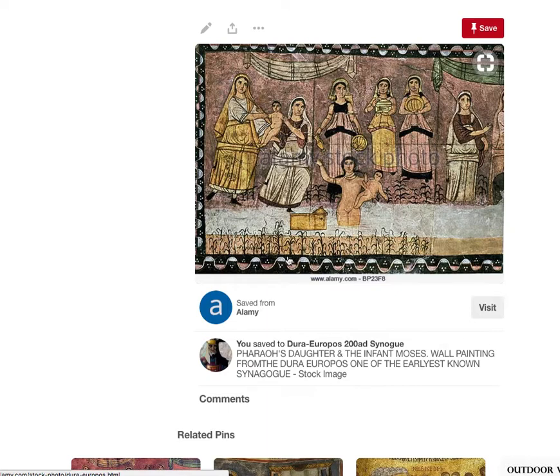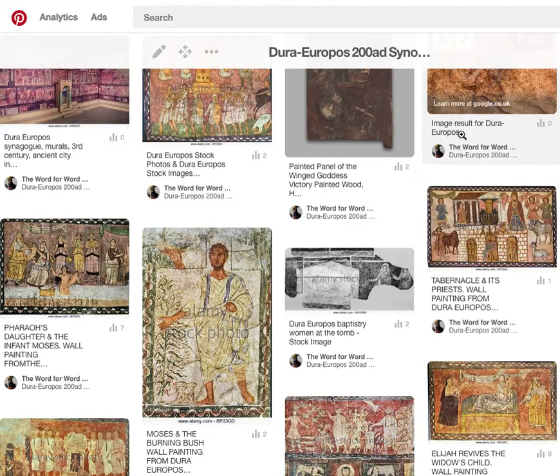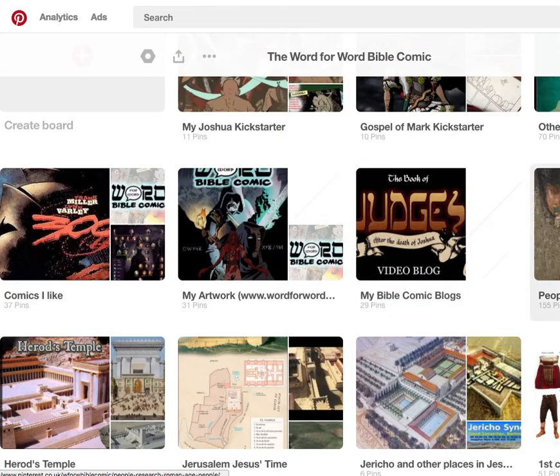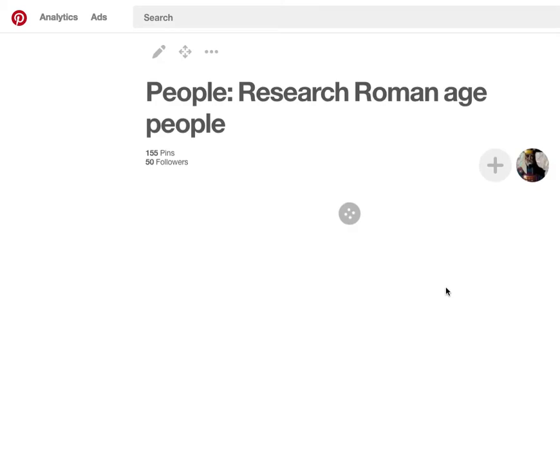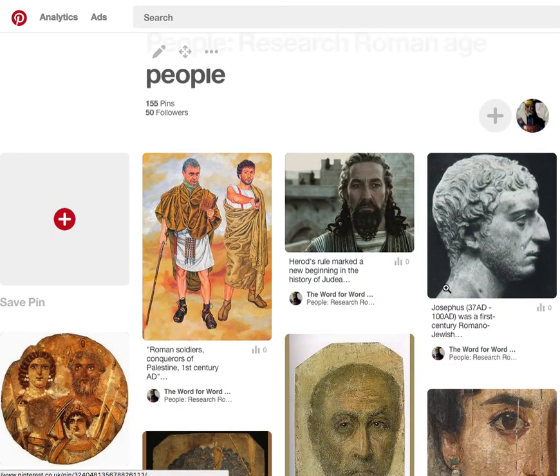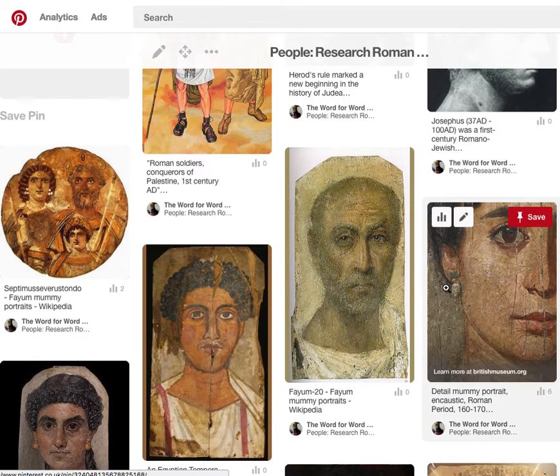And when I compared it with the style of dress in these, which are from Syria from 200 AD, it's basically the same. So the men particularly is the same as other images from Egypt, the other side of Israel, at the same time.